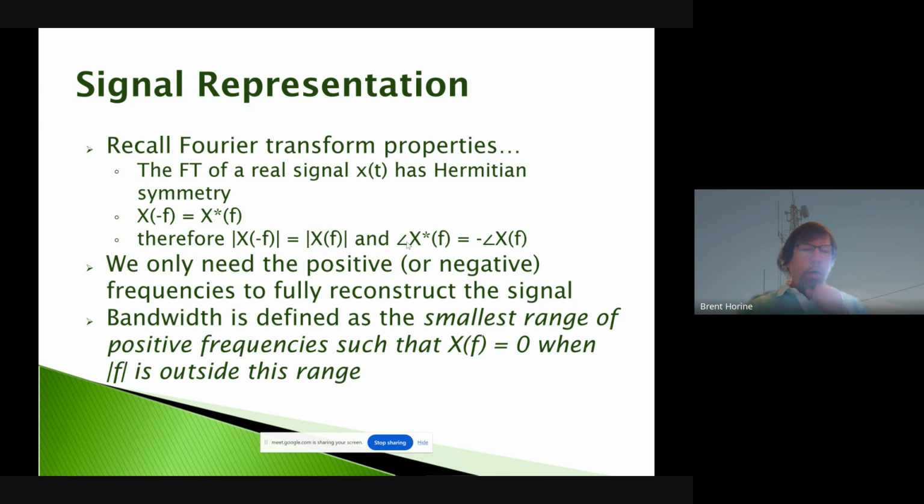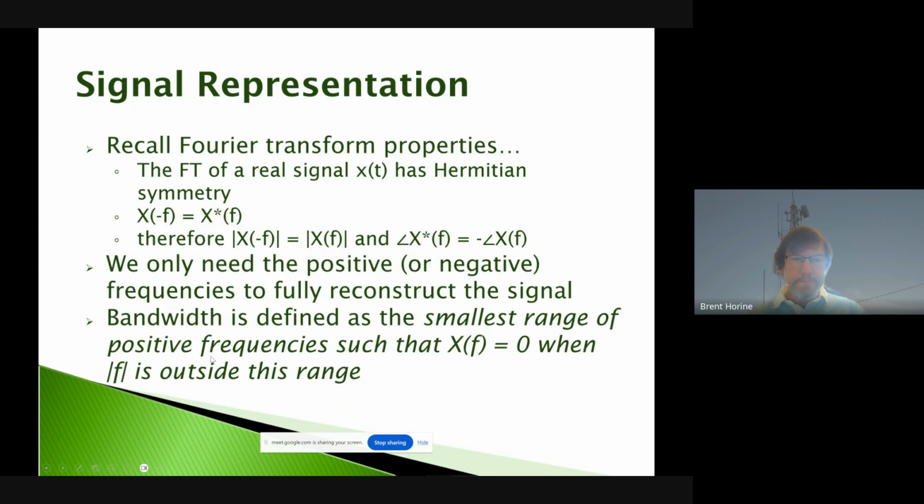Now let's define a term, bandwidth. You've probably heard this many times, but let's define it as the smallest range of positive frequencies such that the spectrum or the Fourier transform is equal to 0 when the absolute value of f is outside of this range, right?